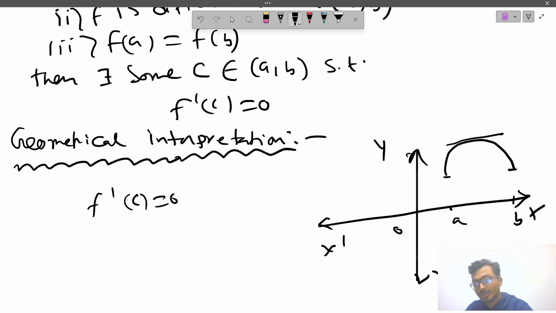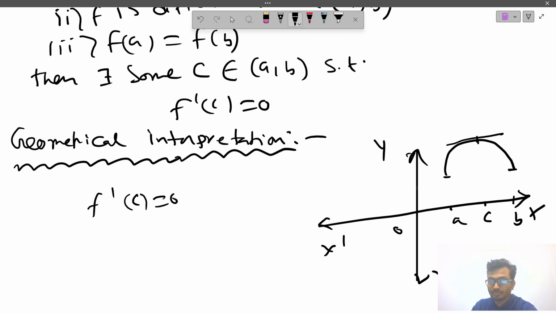So this is some point c between a and b, and the slope there is 0. That means the tangent at the point c will be parallel to the x-axis, because the slope of the x-axis is 0 and the slope of the tangent at c is also 0.